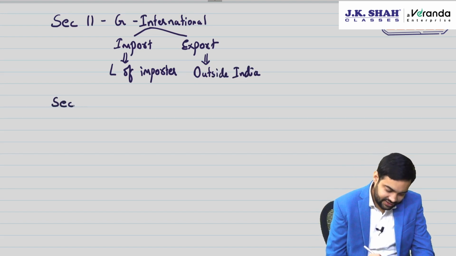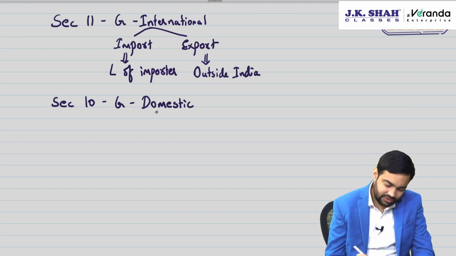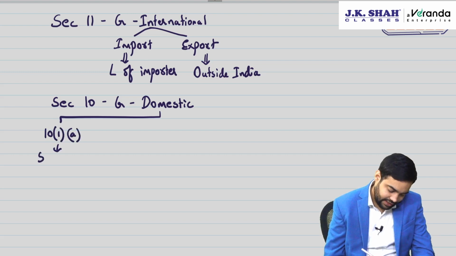Then you have section 10, which deals with goods domestic transactions. Now, goods domestic transactions, we have various segments. The first one is 10(1)(a). Say suppose supply involves movement. Now if the supply involves movement, the question is what would be the place of supply.